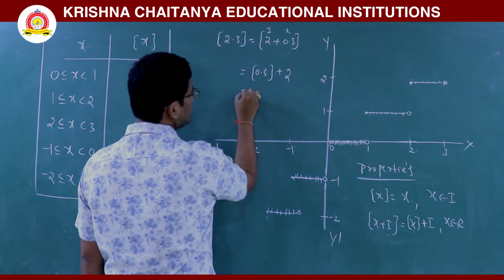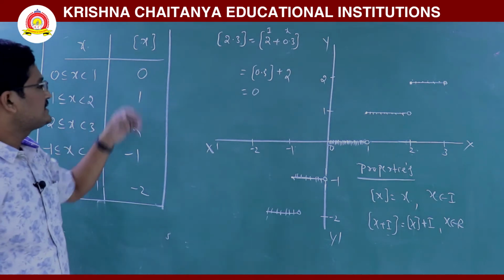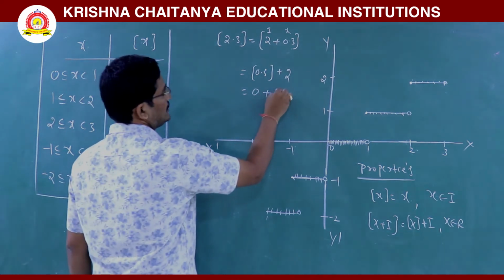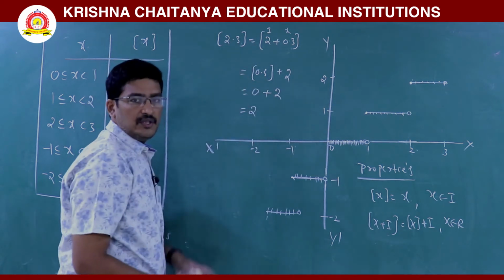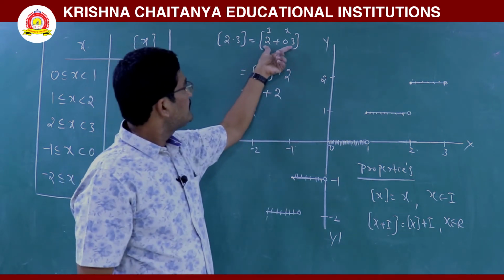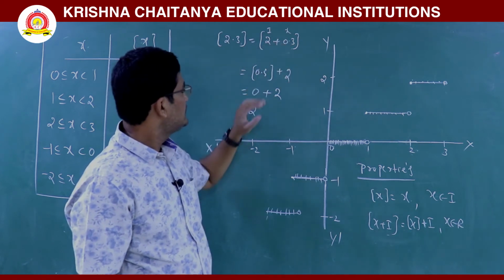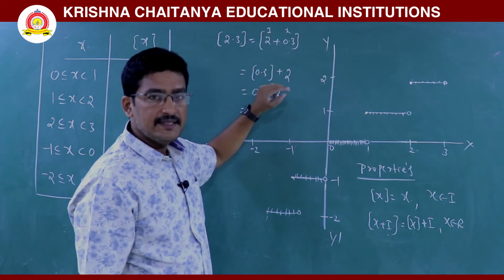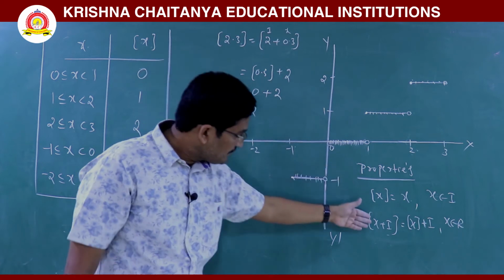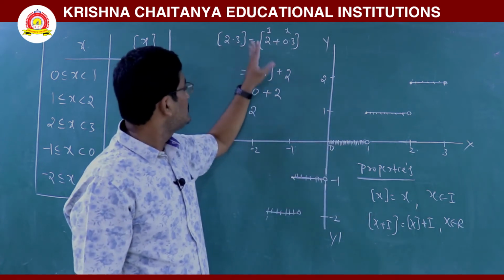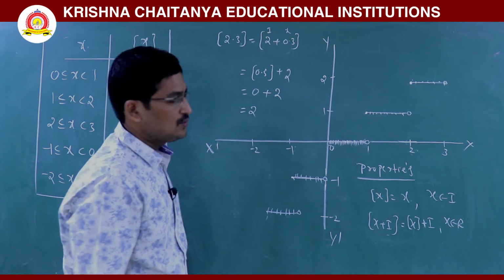What is step of 0.3? It is 0, since that value lies between 0 and 1. So step x is 0 plus 2, which is 2. So step of 2.3 is 2. Suppose step of x plus I, then we write it as step x plus I. This is the property. By using it, we check that step of 2.3 is equal to 2, which is satisfied.